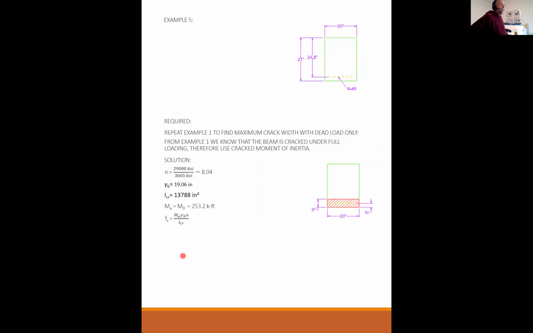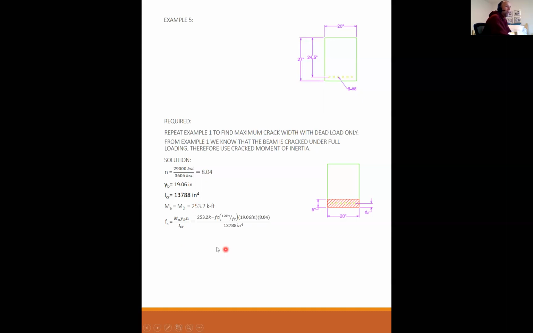So F of S we get from our flexural formula. Stress equals My over I. So M is M sub A, applied moment. Y is the distance to the neutral axis. N is the modular ratio. And I is for I cracked. Y sub B. Anyway, I was wondering about that number.